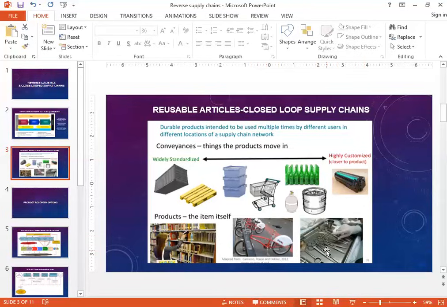One thing to keep in mind is that sometimes demand and supply go a little bit out of sync. And so if you are managing a closed loop supply chain, you do want to make sure that things are arranged in the right way for the new consumers who come into the market.